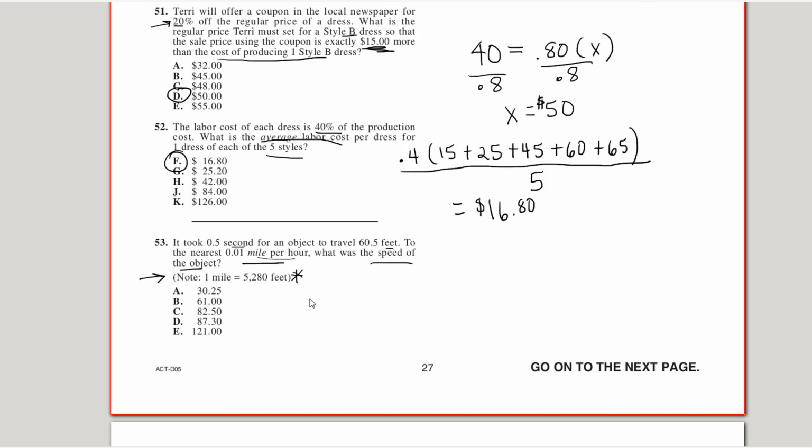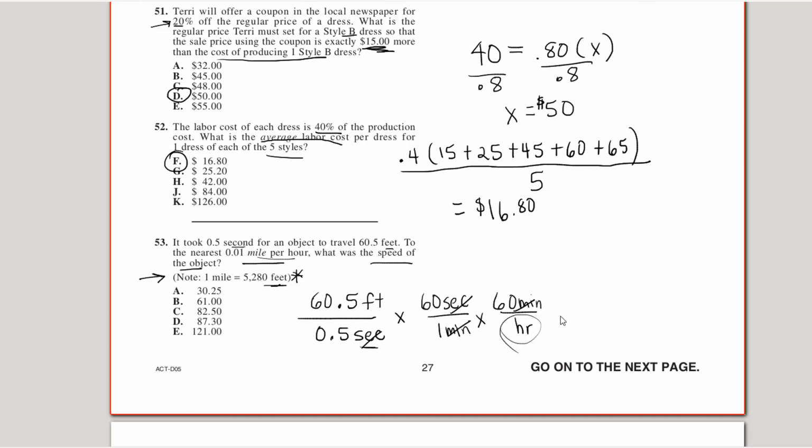So we're looking for speed, and speed is going to be distance over time. So we have 60.5 feet over 0.5 seconds. Let's make use of some of our conversions. Not only do we have to convert feet, we also have to do our time, because we want hours, and we know that 60 seconds is 1 minute and 60 minutes is 1 hour. We want to line this up so we can cancel out the units we don't like, and we want to be left in per hour, so I've got that way.